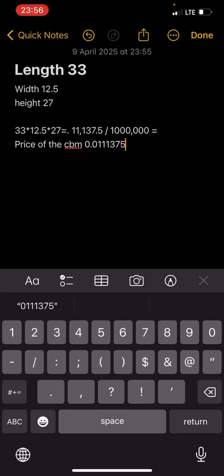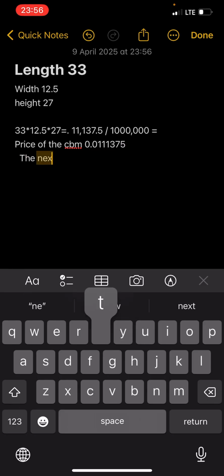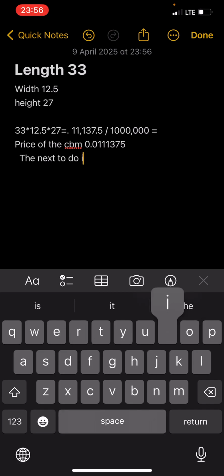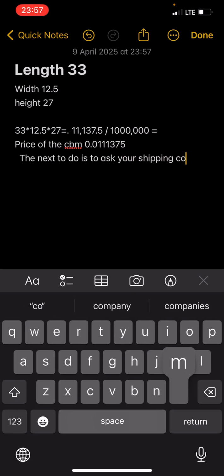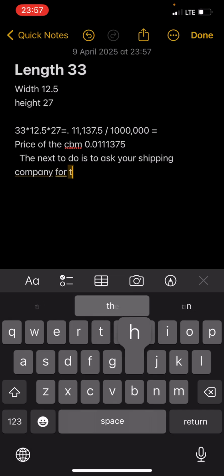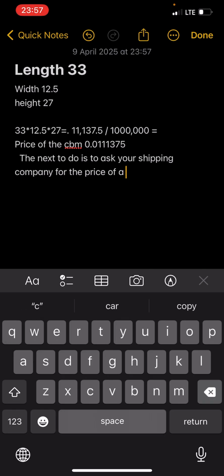So this is the CBM of that bag. We have not arrived at how much we are going to be paying. The next thing for you to do is to ask your shipping company for the price of a CBM.